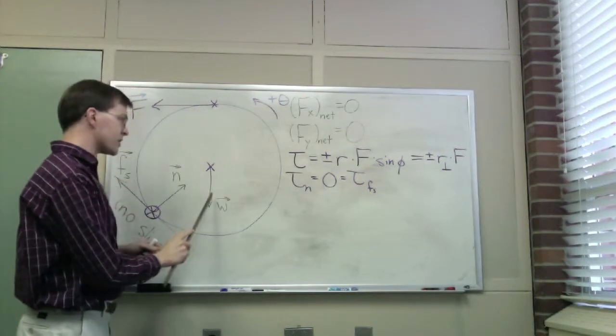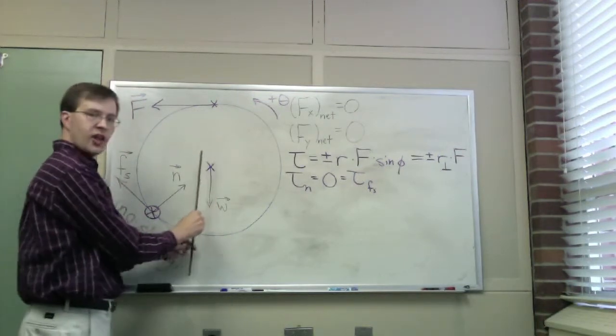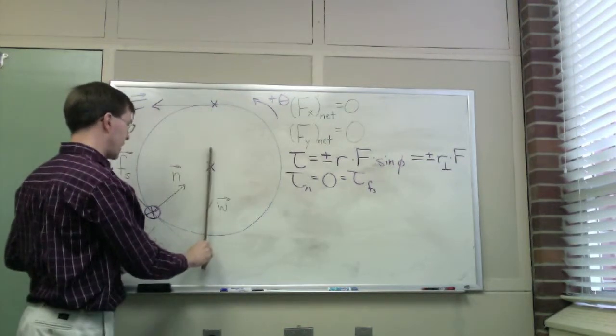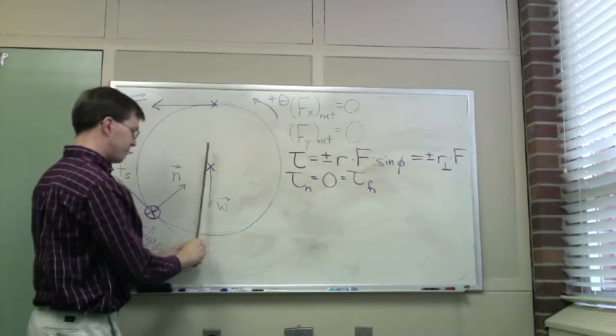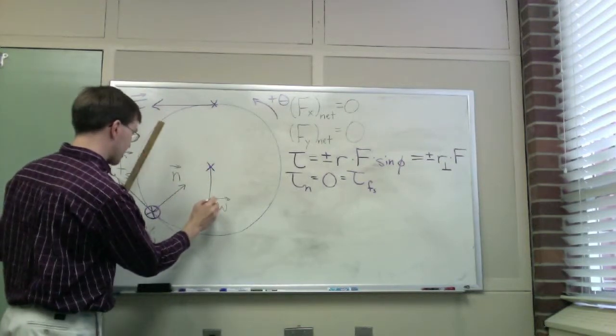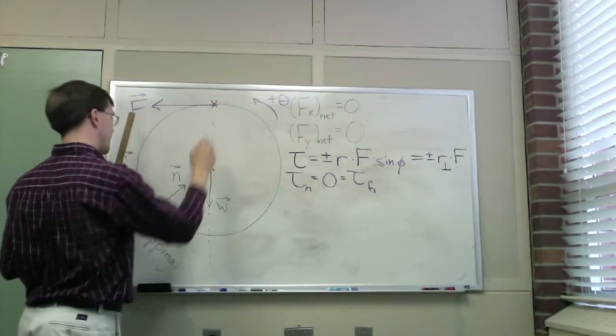The weight force acts straight downward, so its line of action is this vertical line extended infinitely vertically like that. And my moment arm is going to be, so the line of action of the weight force extends down and up like that.